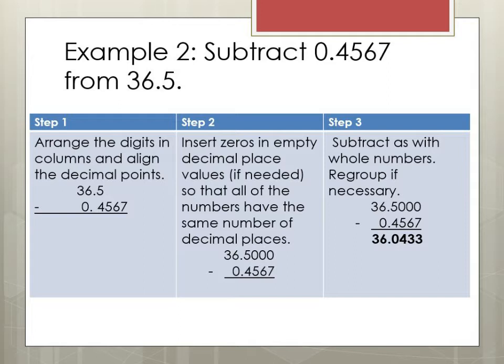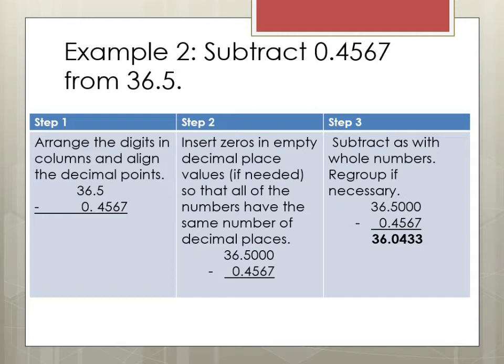So now they all have the 10,000ths place. Now for step 3, we subtract as with whole numbers. Regroup if necessary. So 36.5000 minus 0.4567.